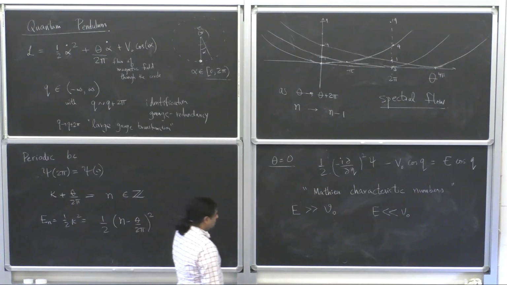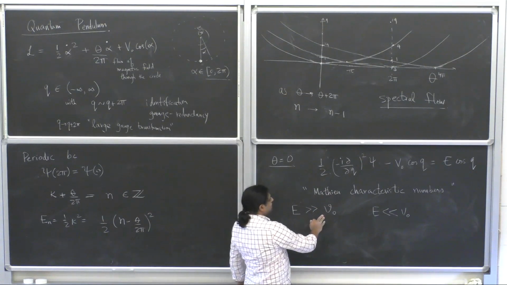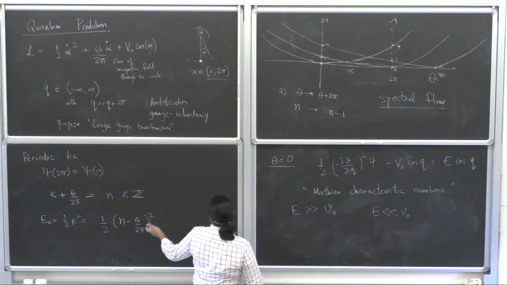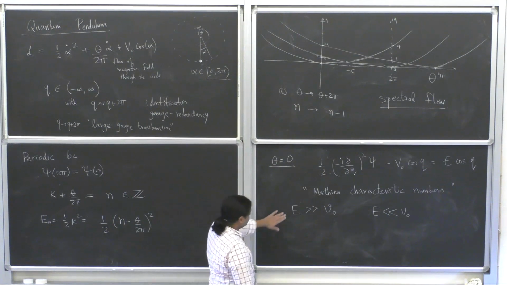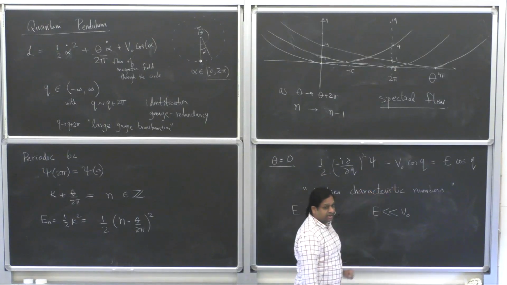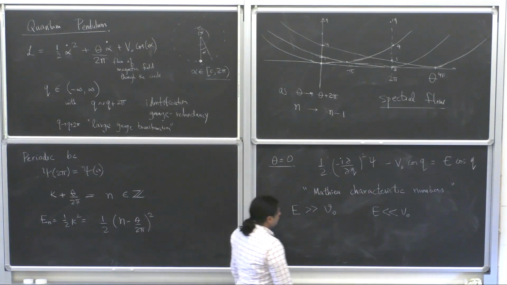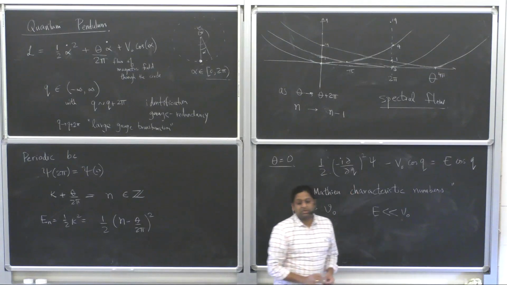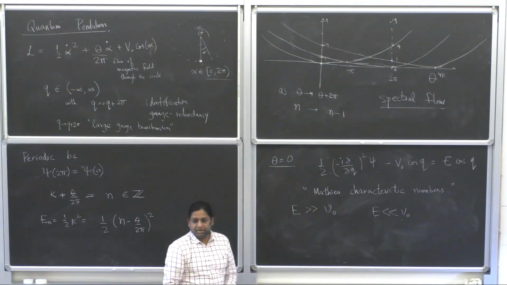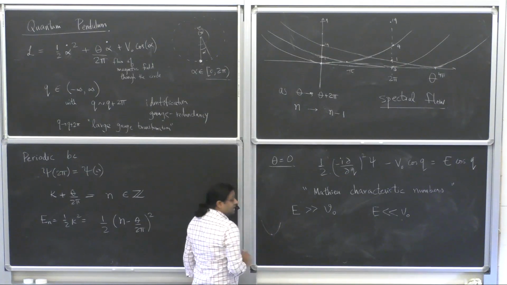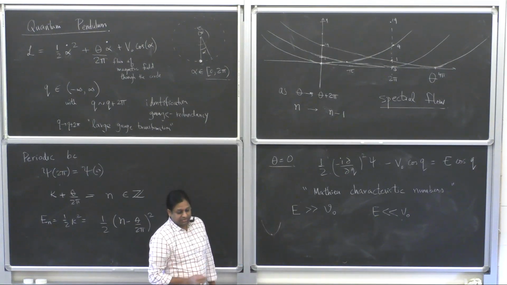For energy much bigger than V0, you should get back what we just found, because for very high energy states, the potential is irrelevant. So we should get back results close to the particle on a circle. For energy much less than V0, you should get back spectra which resemble the harmonic oscillator spectrum, because you're sitting at the bottom of a cosine potential. That should look like a quadratic potential at that low energy.